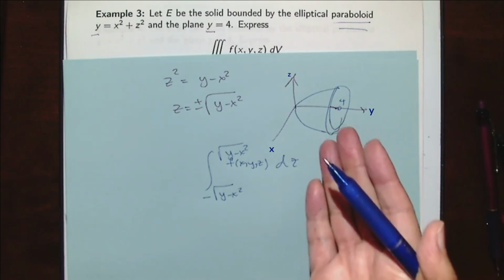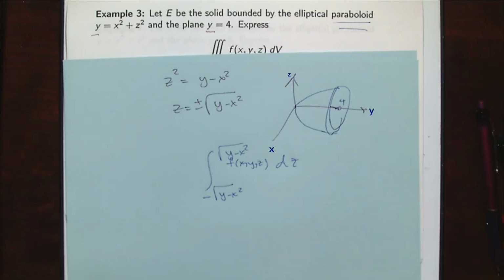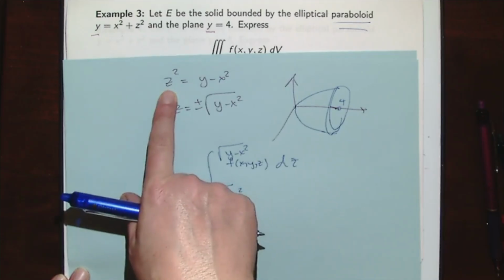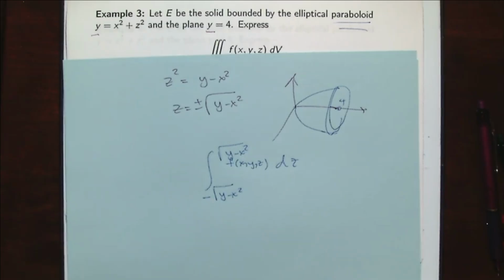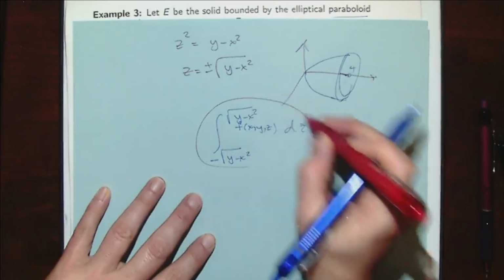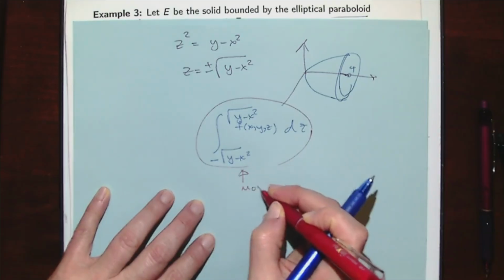Project this into what? The XY plane. What do you think the projection on the XY plane is going to be? The thicker part is when z is equal to 0, agreed? Most inner.